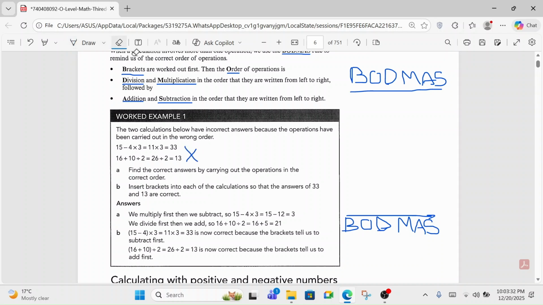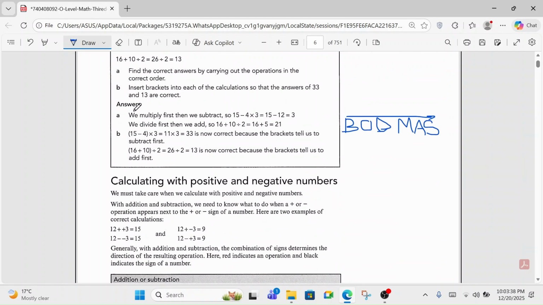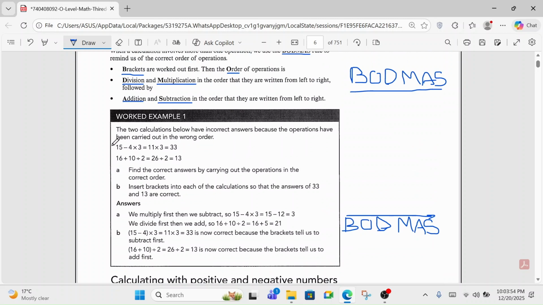So here's how we can fix them using BODMAS. First of all, find and correct the answers by carrying out the operations in the correct order. Insert brackets into each of the calculations so that the answers of 33 and 13 are correct. Okay. So first of all, let's call this number 1 and this one number 2.